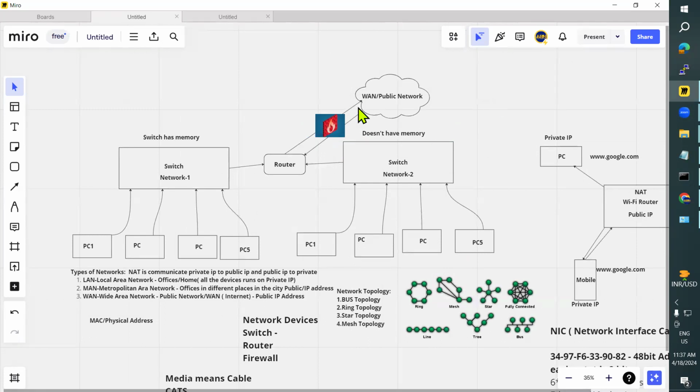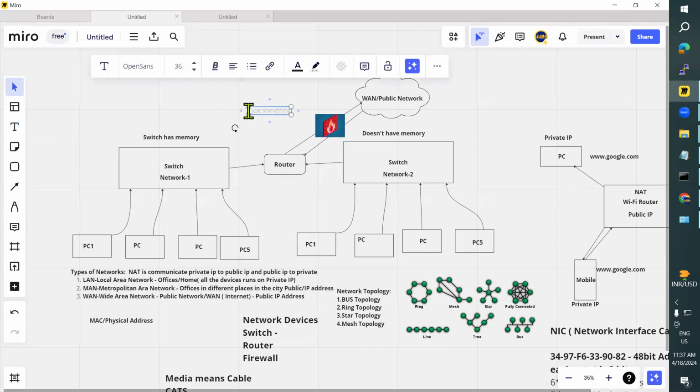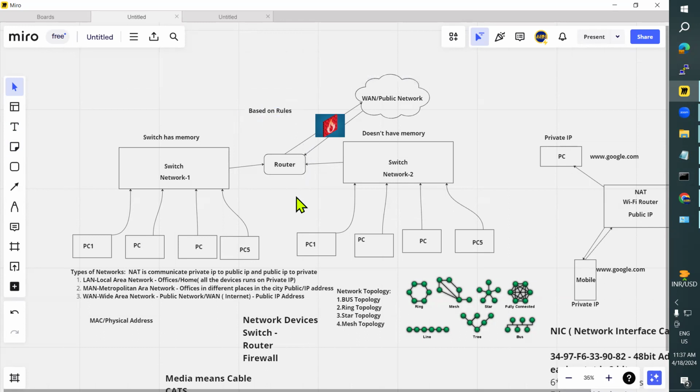If anyone tries to access our network, the firewall will stop them based on the rules. The firewall is not a robot. We need to define the rules, and based on the rules, the firewall protects our network.